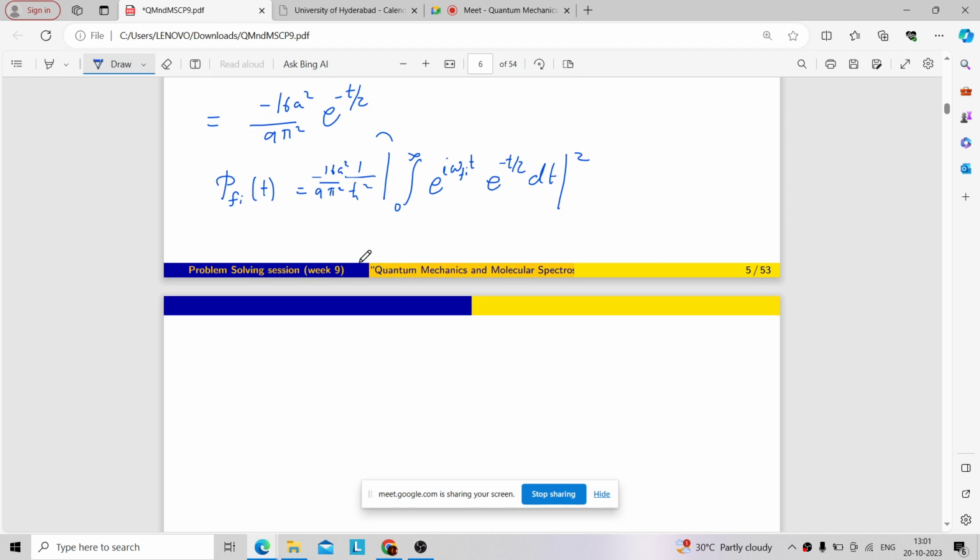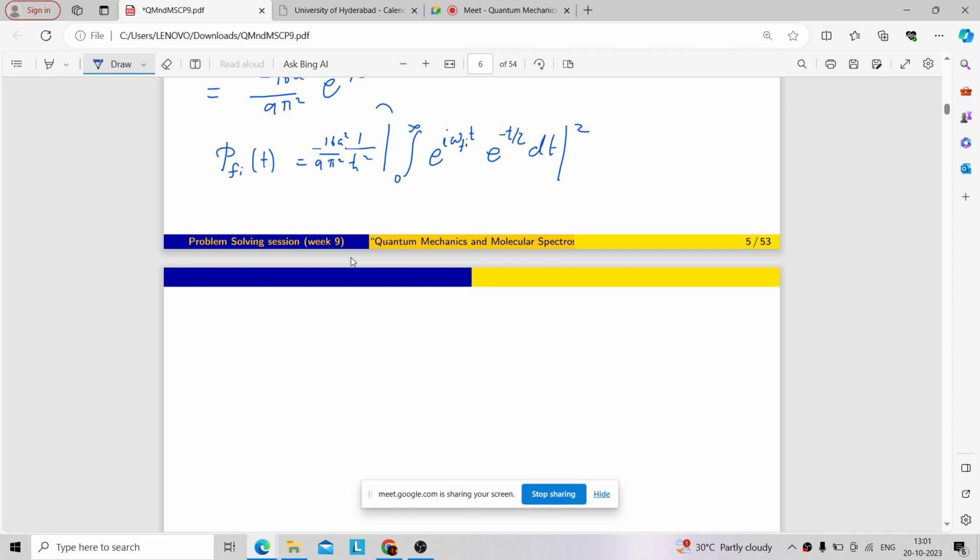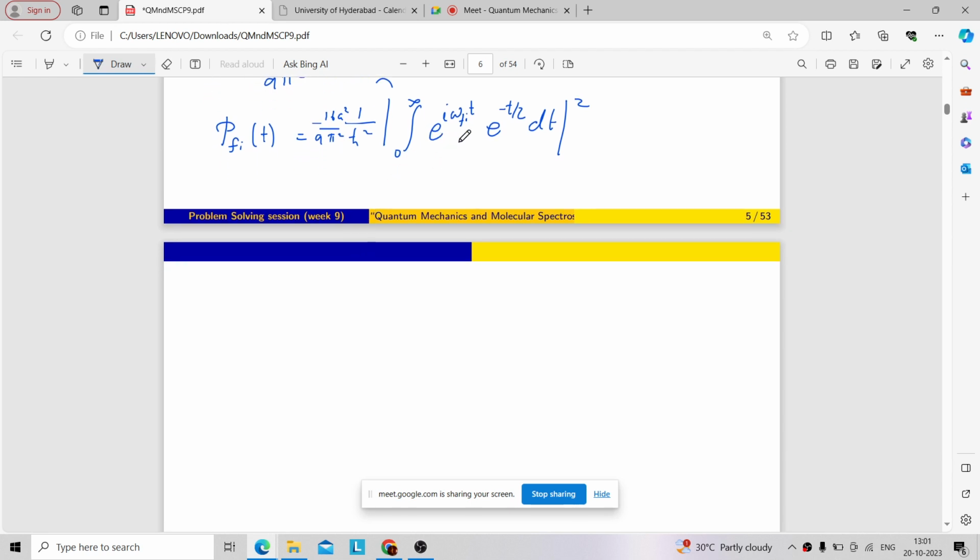There is one more integration we need to solve now. We see that there is t common in both the exponentials. Let me write down the constant first, 16 A squared over 9 pi squared ħ squared.